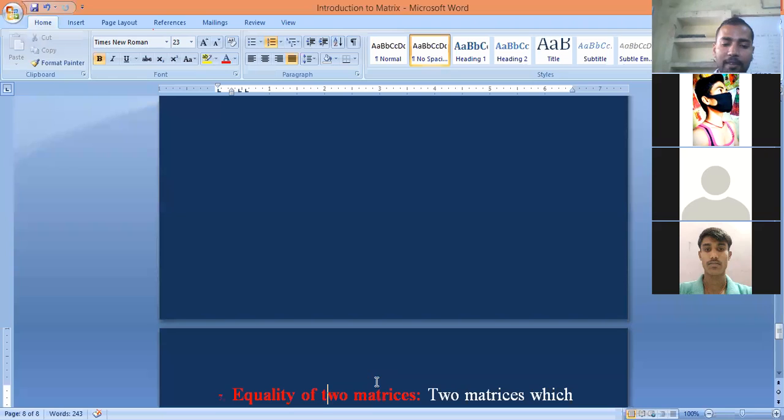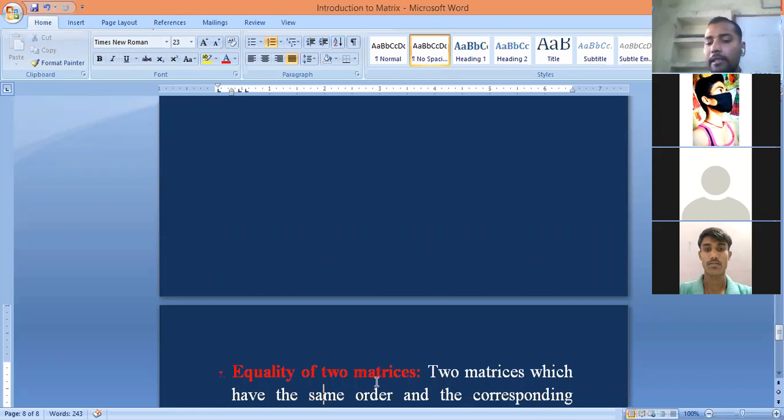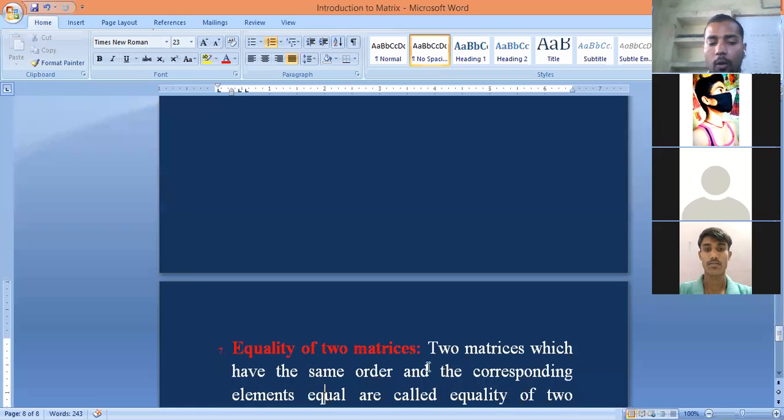Then after, the last one is here: equality of two matrices. That means equal matrices. Here, two matrices which have the same order and equal corresponding elements are called equal matrices.